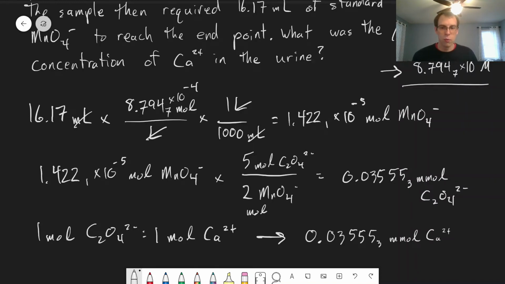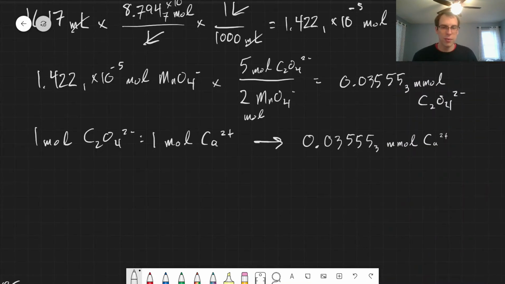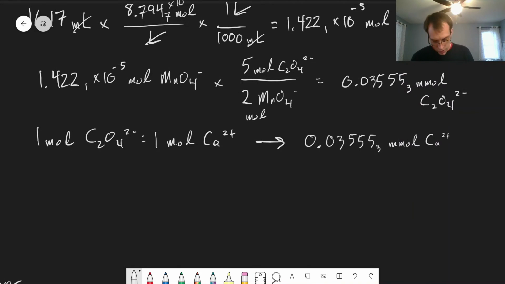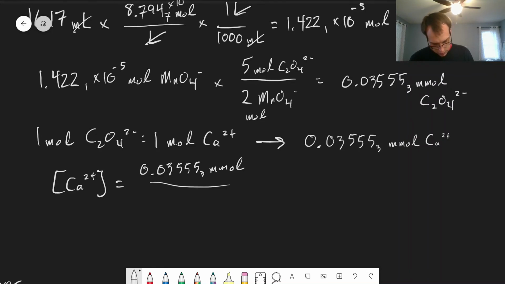Our question at the beginning was, what's the concentration of calcium in the urine sample? Now we know how many moles there are. We just need to divide by the fact that it was a 5 milliliter sample. So we take 0.035553 millimoles divided by 5.00 milliliters.